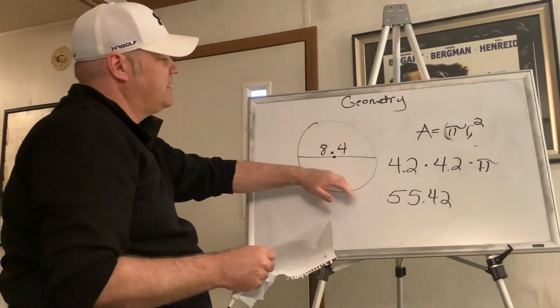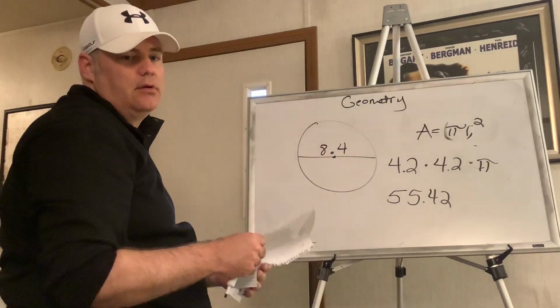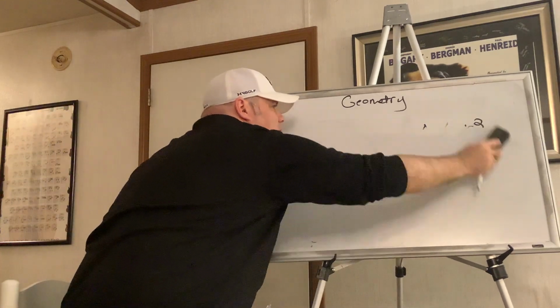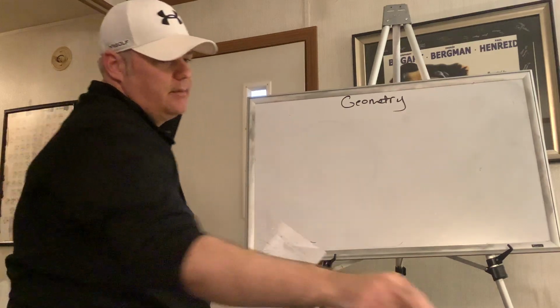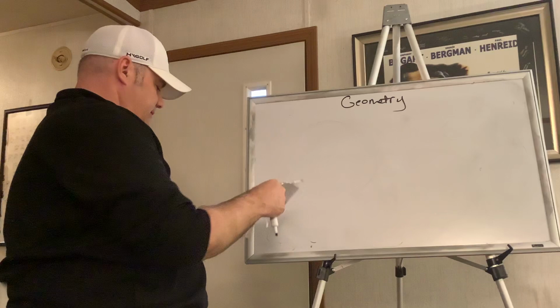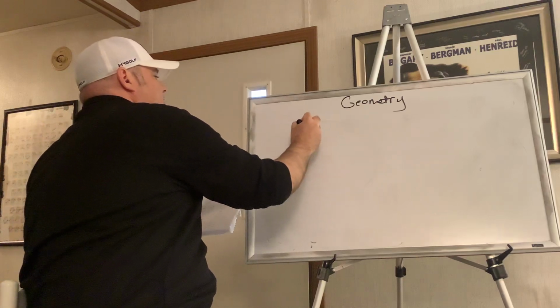That's finding the surface area. That's not finding the distance around. Okay, so that's what you're doing for this assignment, is finding the area. So find the area of these. Round to the nearest hundredth again.